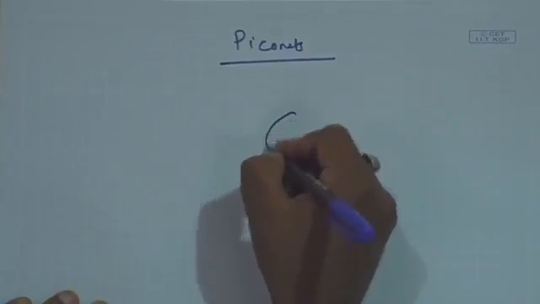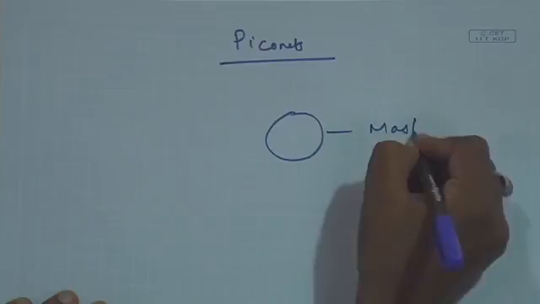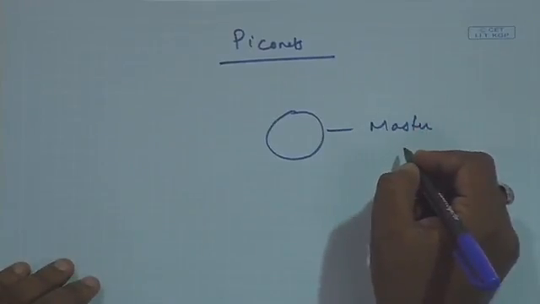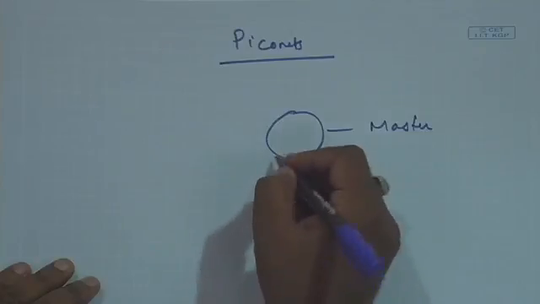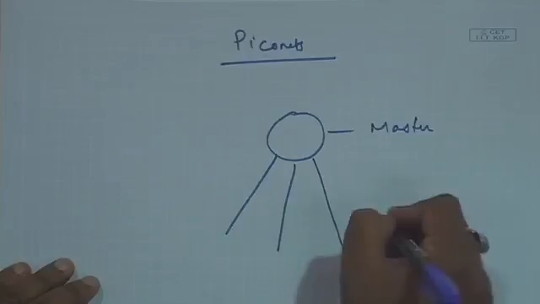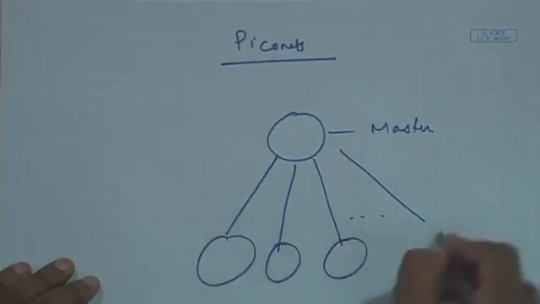What we have is something known as the master. We have a Bluetooth device which will act as a master, and there can be different slave devices.